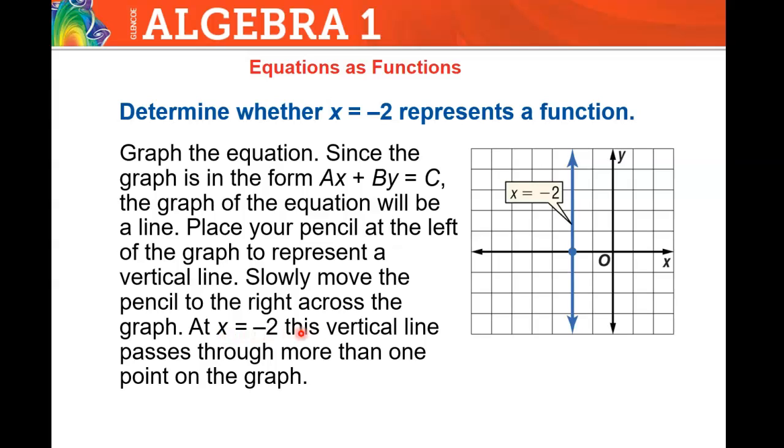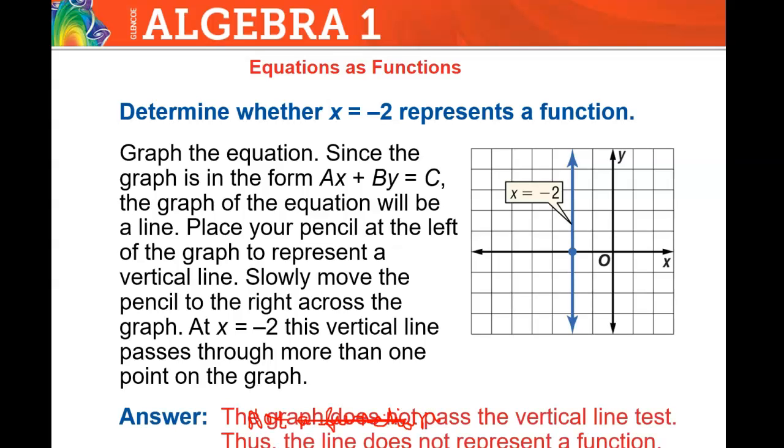So at x equals -2, this vertical line passes through more than one y value. Again, remember, the vertical line test says, can I draw a vertical line and it only hits the graph once? If I drew a vertical line here, I hit the graph at every single point. So x equals -2 is not a function. It fails the vertical line test.